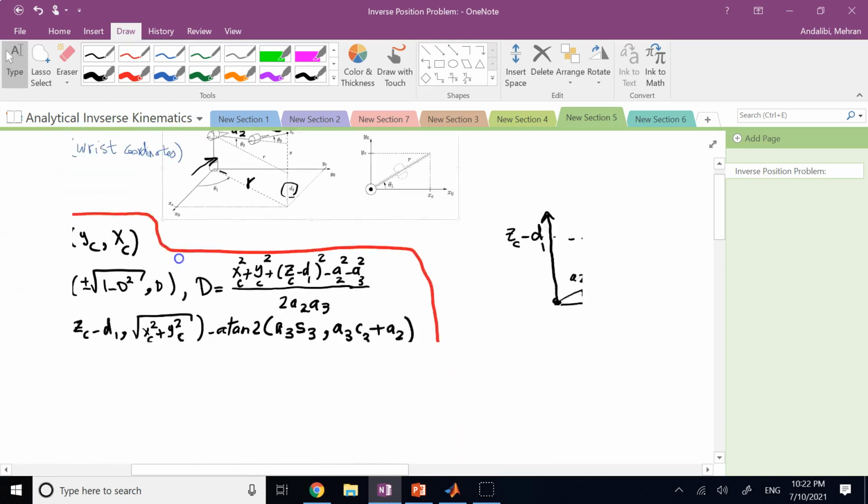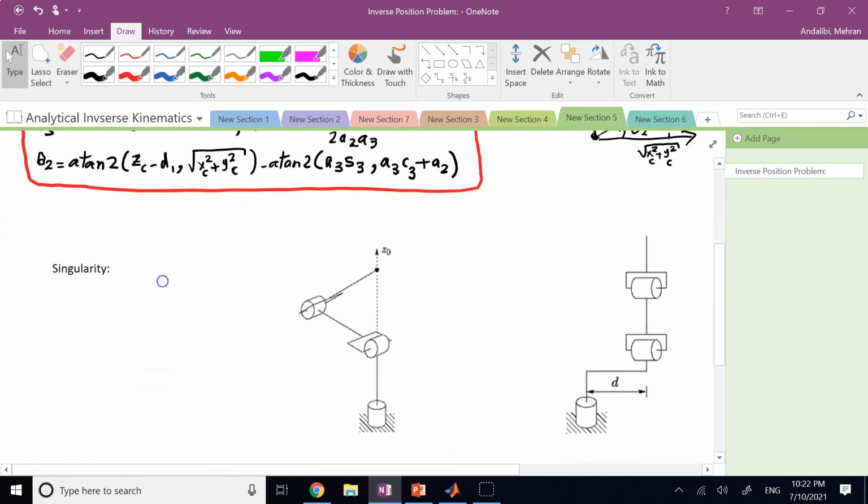So one case could be that this point ZC here falls on, so this is the wrist point C. Okay, so this is ZC now. If it falls onto the Z0 axis, we're going to have some problem.